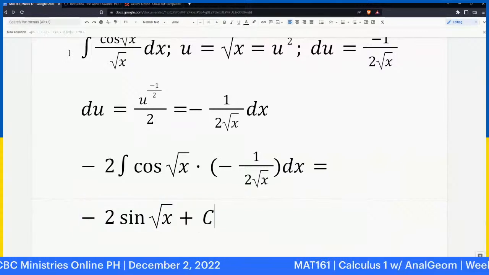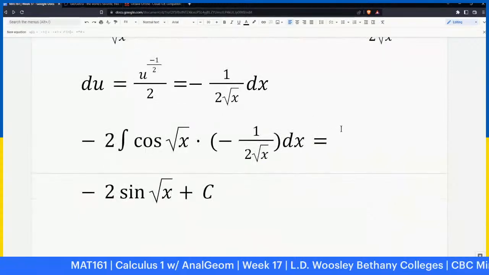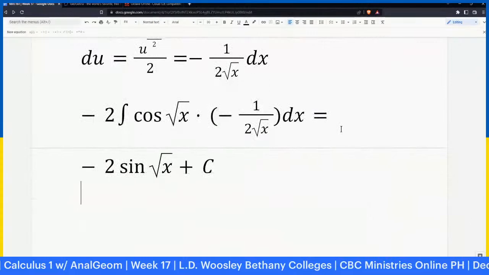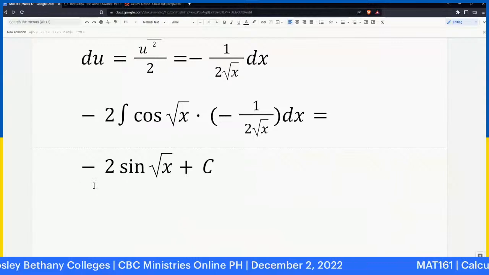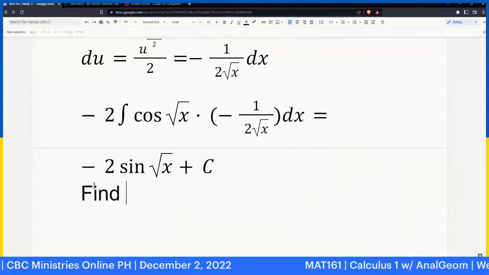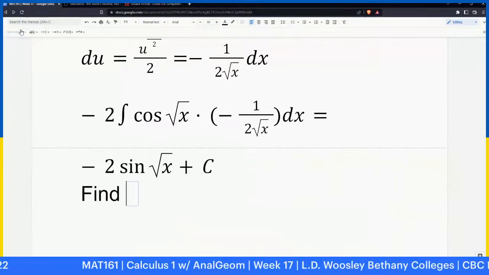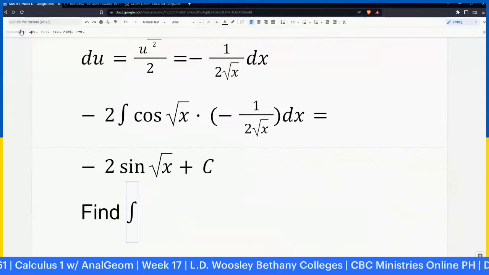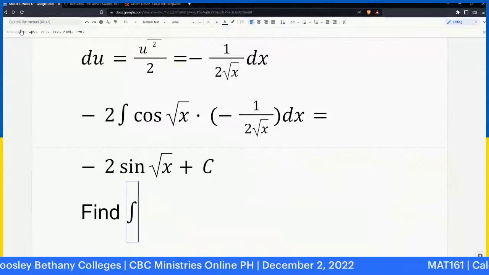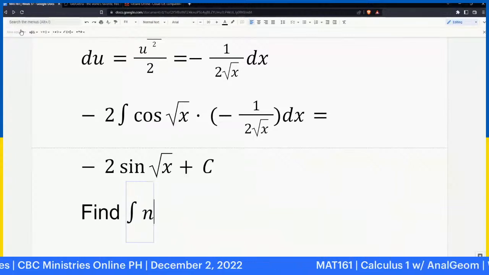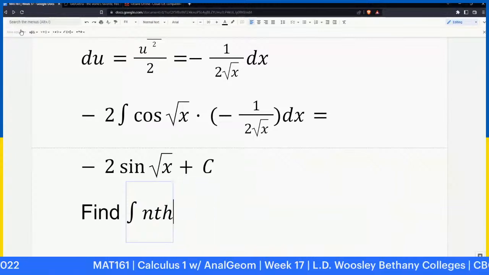Okay. So this is my last item for you. Pwede na siguro tayong makuha yung cube root talaga.